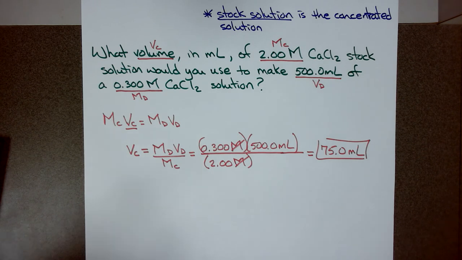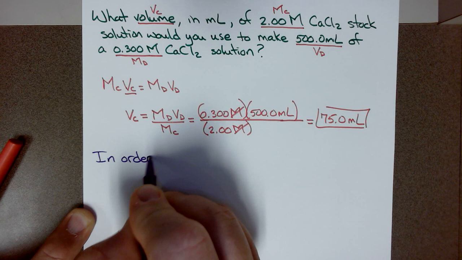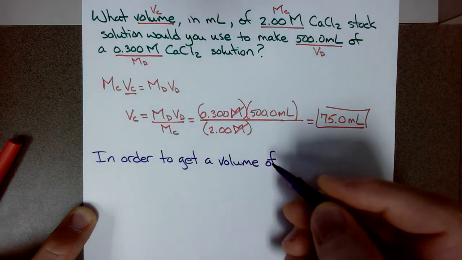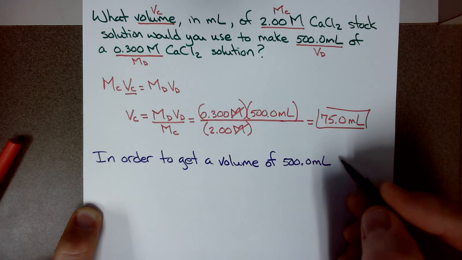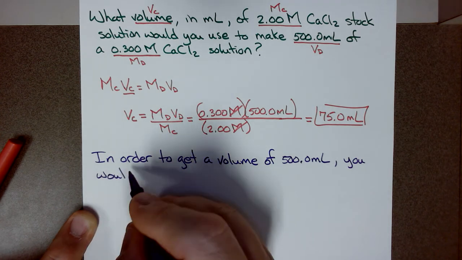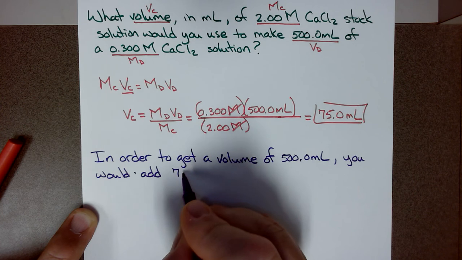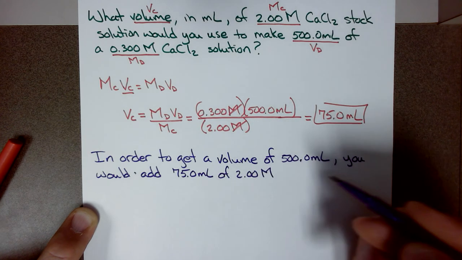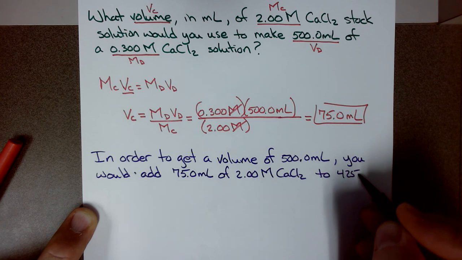Now what this means is that in order to get a volume of 500 mils, you would add 75 milliliters of the 2.00 molar calcium chloride stock solution to 425 milliliters of water.